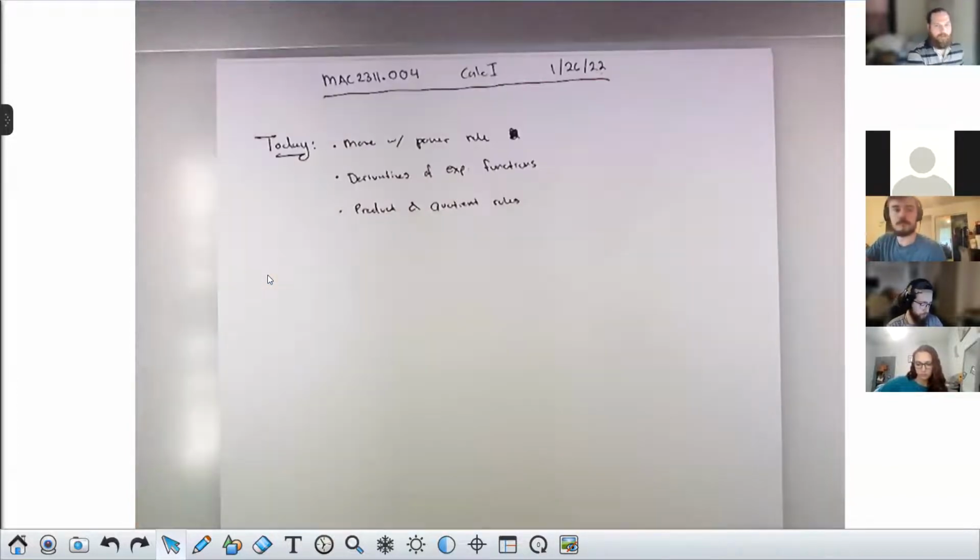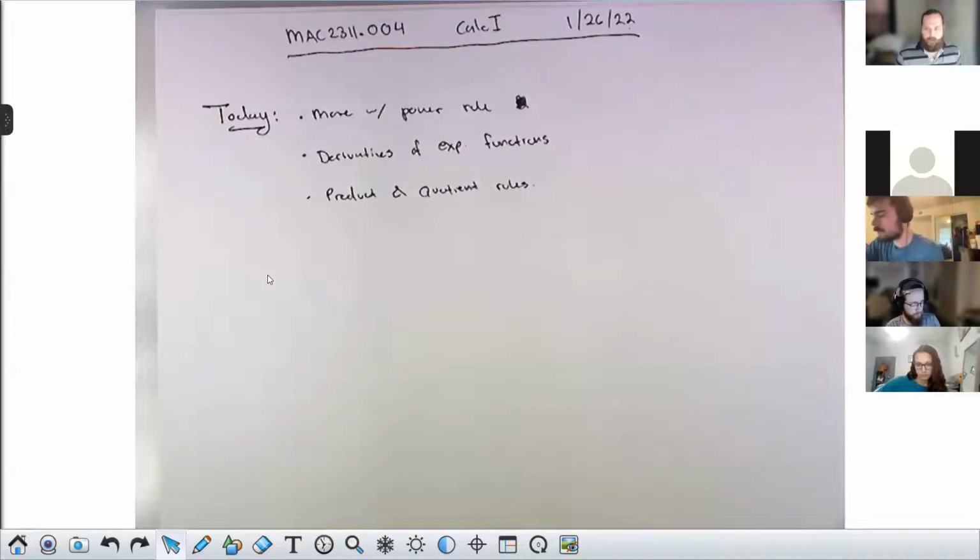Now, all of this material comes from section 3.1 and 3.2. Well, the first two are 3.1, sorry. So these are both coming from section 3.1. And the third item is coming from section 3.2. All of these are fairly straightforward from a lecture standpoint, right? It's very easy for me to just write down the rule and say, okay, here it is, now you've got it. The big thing though is practice, right?